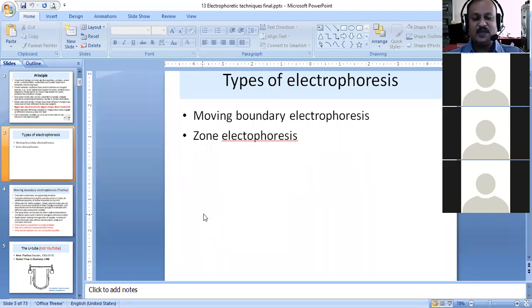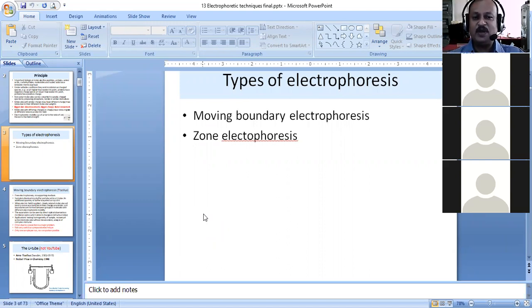As the components move, the components which are having similar properties, meaning similar size and similar charge distribution, will form a boundary. And depending upon the number of different species present in the sample, different boundaries are formed in the buffer.